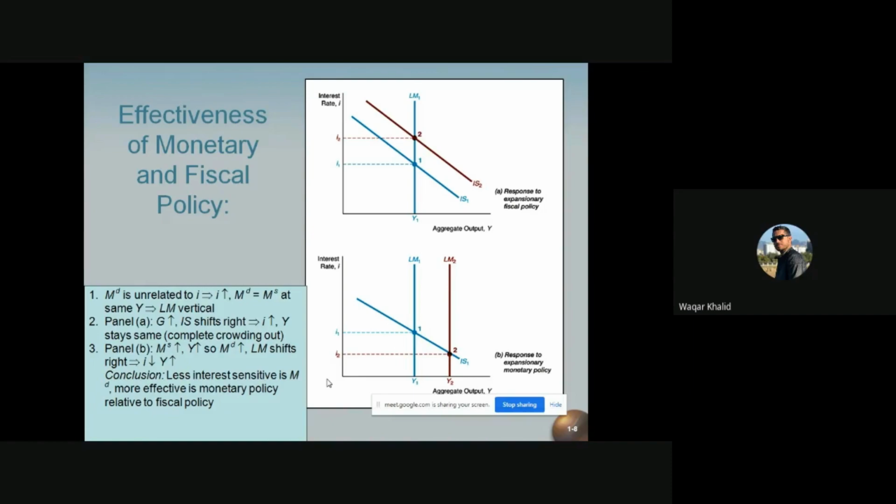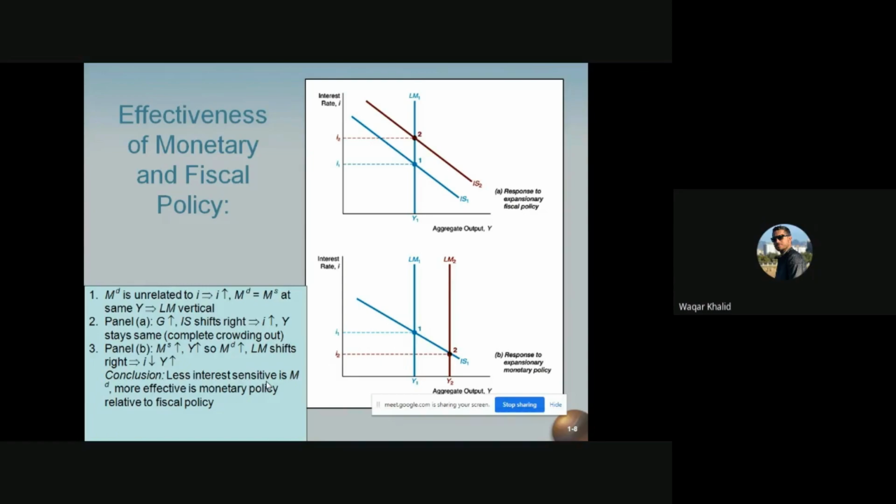Therefore, monetary policy is effective, but fiscal policy is not. What is the conclusion? Let the interest sensitivity of MD, meaning money demand, be considered. If the money demand is less sensitive, or if the money demand is interest inelastic, monetary policy is more effective relative to fiscal policy. Keep this point in mind.